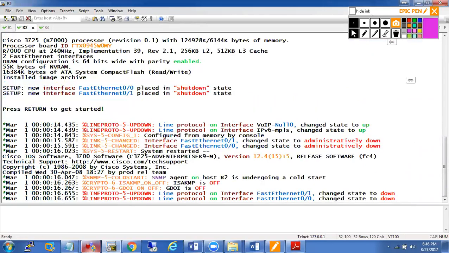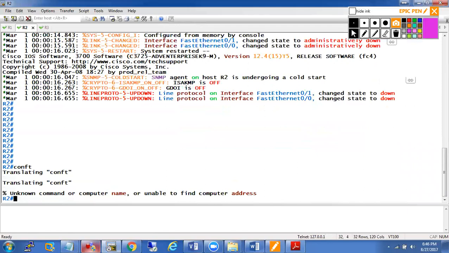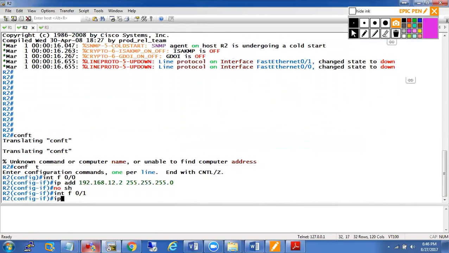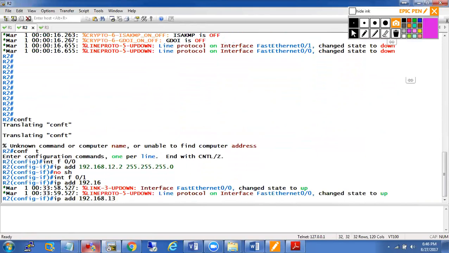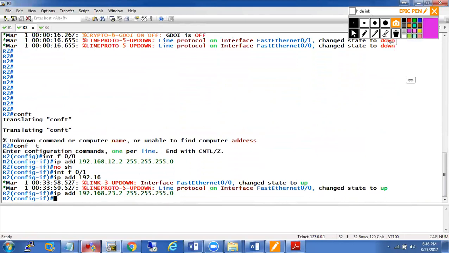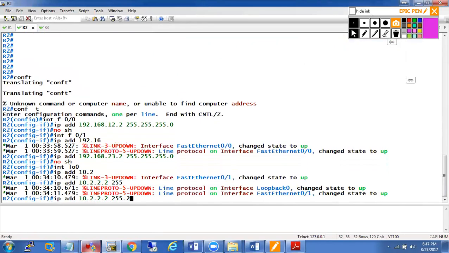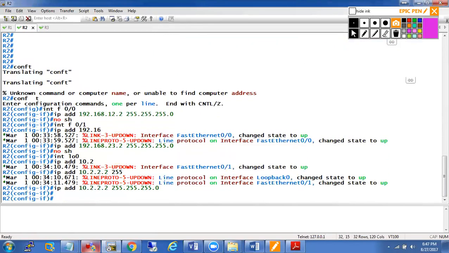Router 2 is going to act as my CA server. It has 192.168.12.2, and 192.168.23.2 between 2 and 3. It also has 10.2 and runs my routing.